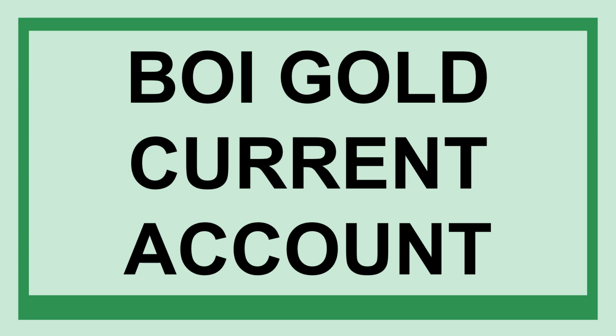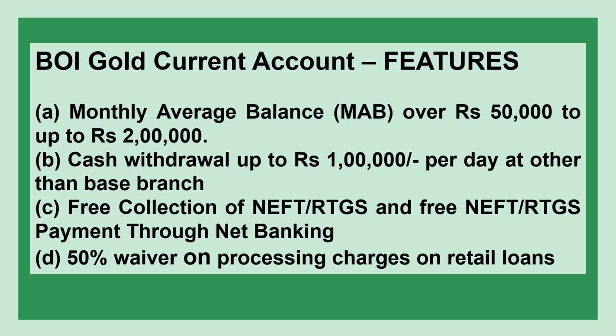Bank of India Gold Current Account. It features a monthly average balance over rupees 50,000 up to rupees 2 lakhs. Cash withdrawal up to rupees 1 lakh per day at other than the base branch. Free collection of NEFT and RTGS, and free NEFT and RTGS payment through net banking. 50% waiver on processing charges on retail loans.